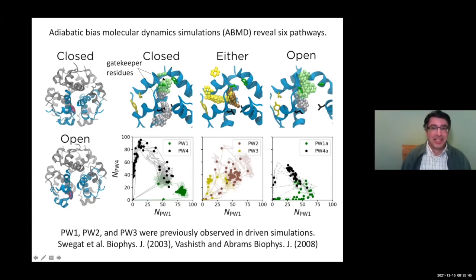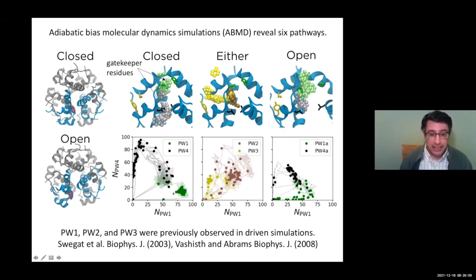And then pathway 3 is quite different than the other pathways that I've mentioned. It's going out through the dimer interface. So it's a different direction, going back, as shown here in yellow. Okay, and some of these pathways, I should say, were seen previously.